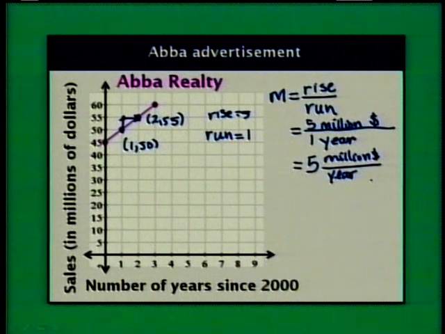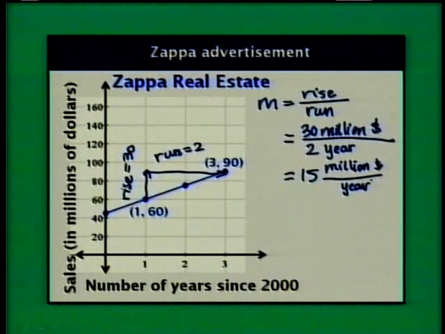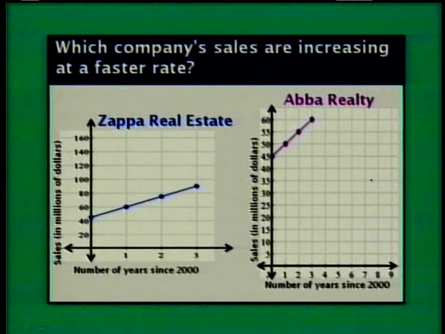We just looked at ABBA and saw that ABBA Realty's sales were increasing at a rate of $5 million per year. Zappa's sales seem to be increasing 3 times as fast. So which company's sales are increasing at a faster rate? When I first looked at the 2 graphs, I said ABBA's seems to have a steeper line. So perhaps ABBA's sales are increasing at a faster rate.